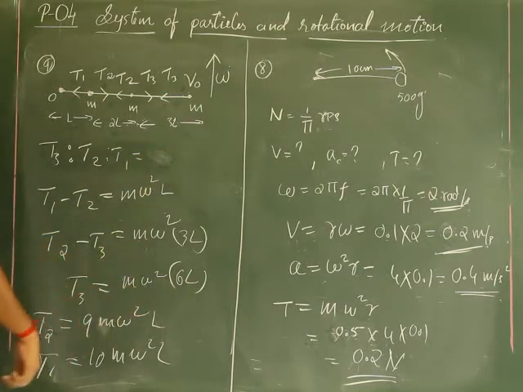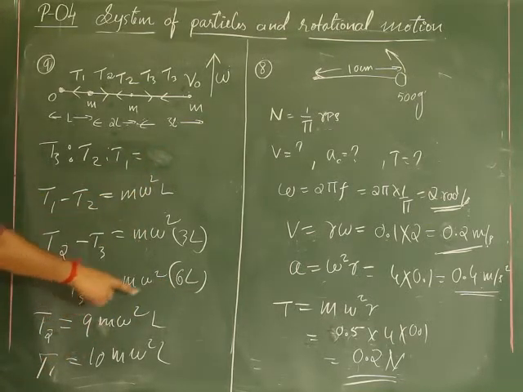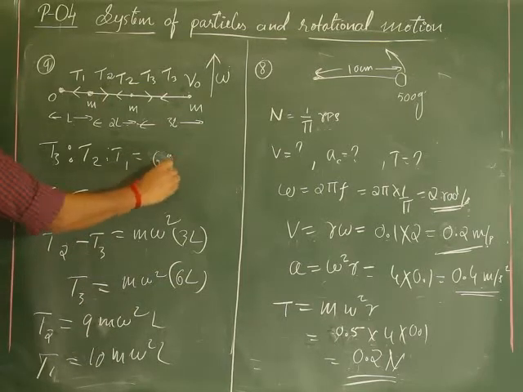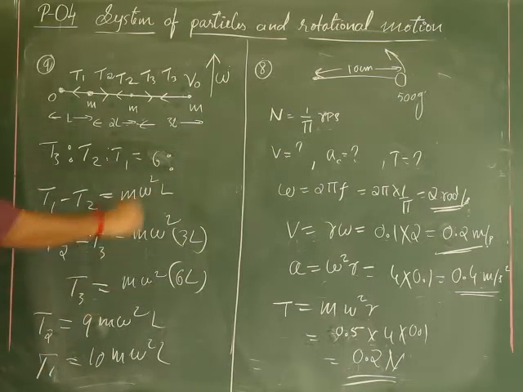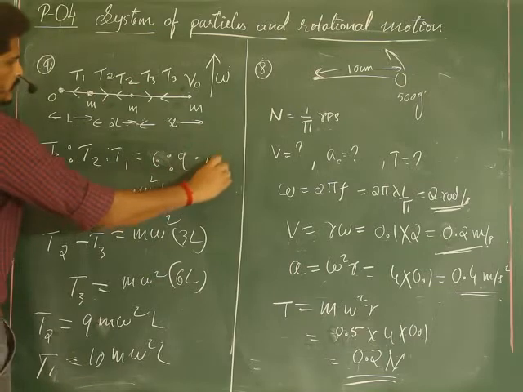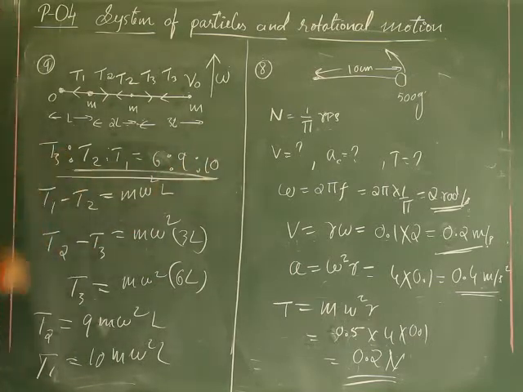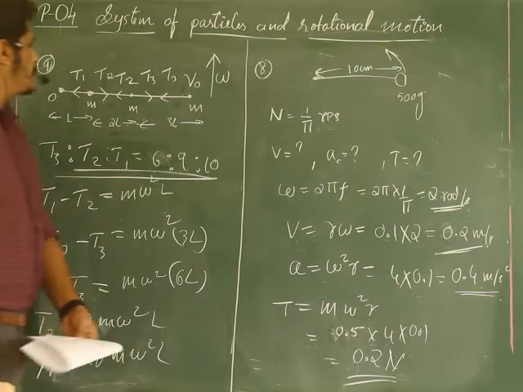T3 will be 6, is to T2 which is 9, is to 10. So this is the answer. Answer for question number 9.